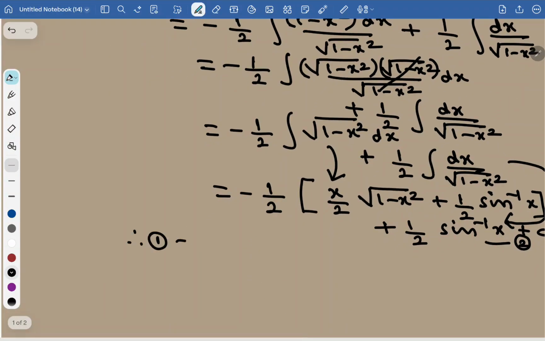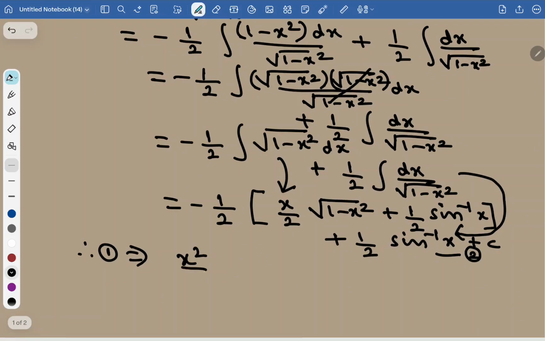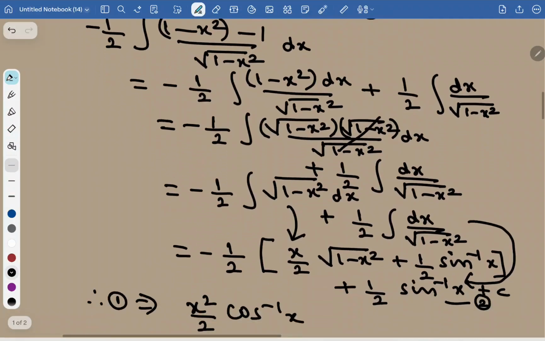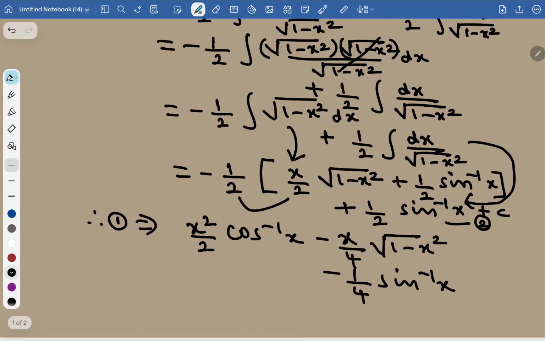Therefore 1 implies first term x square by 2 cos inverse of x minus, here minus half into x by 2, minus x by 4 root of 1 minus x square, minus into plus minus 1 by 4 sine inverse of x minus 1 by 4.